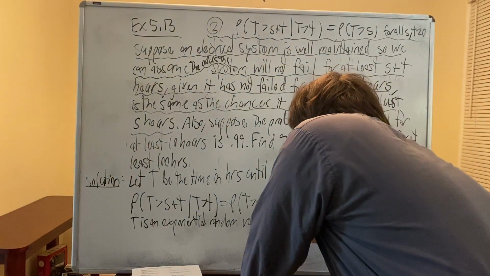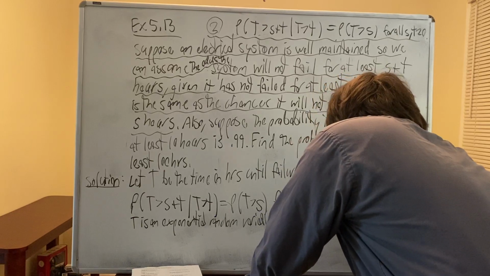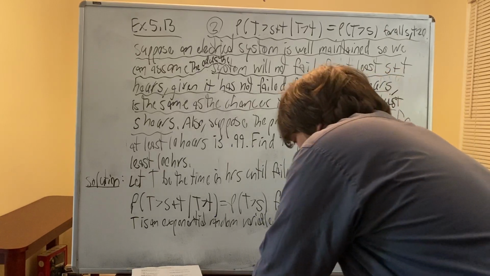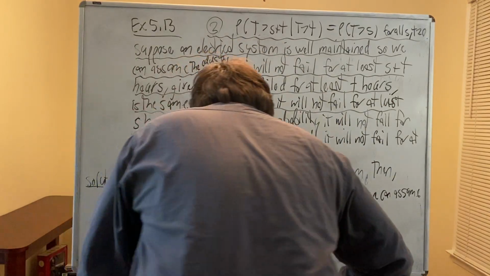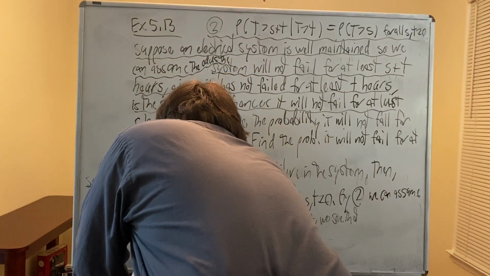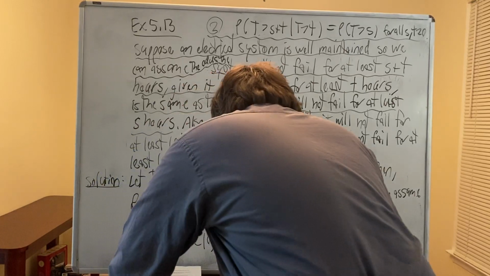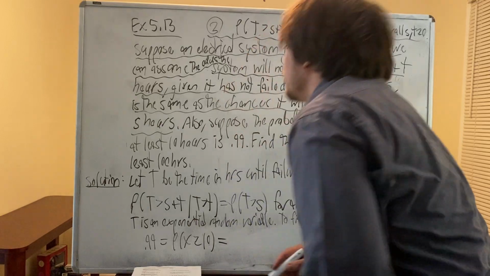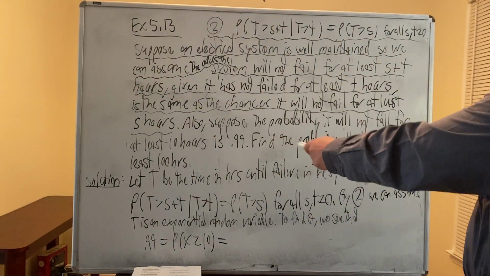To find theta, we see that 0.99 is equal to the probability that capital T is greater than or equal to 10, because it says suppose the probability it will not fail for at least 10 hours is 0.99.